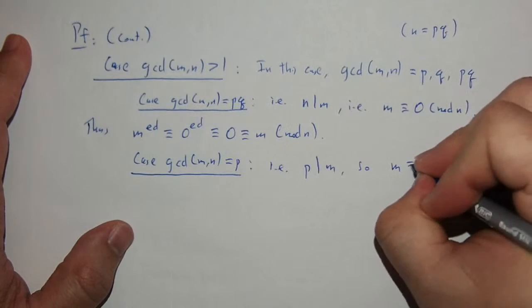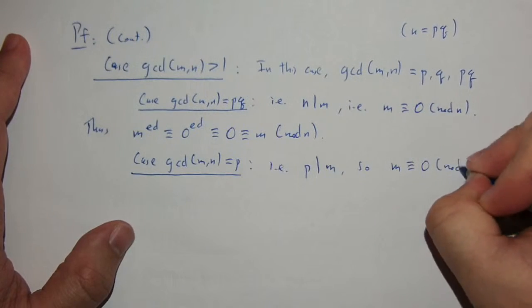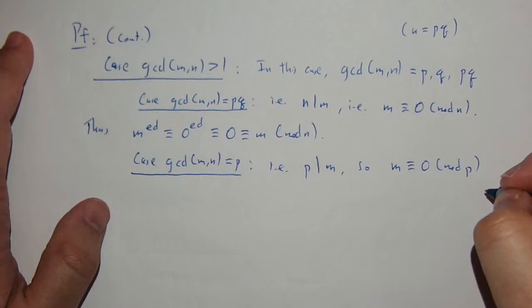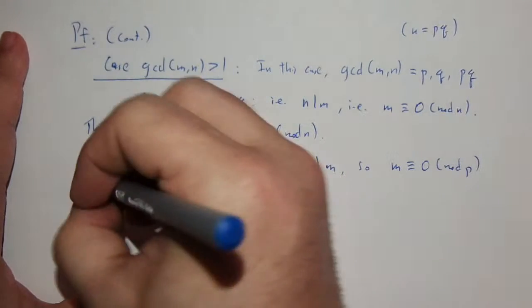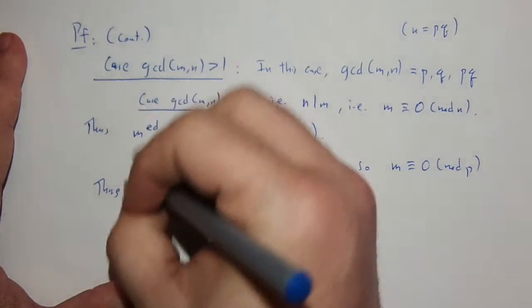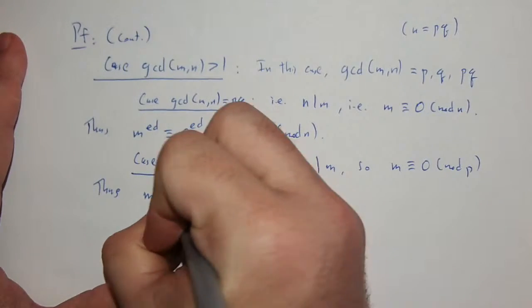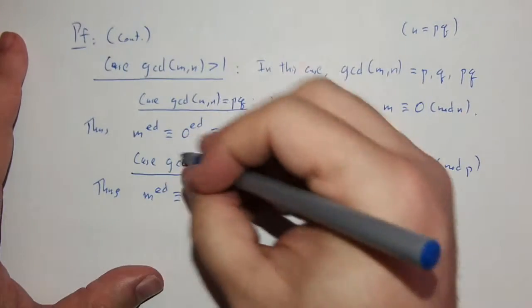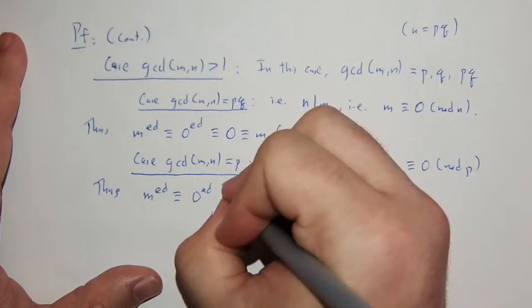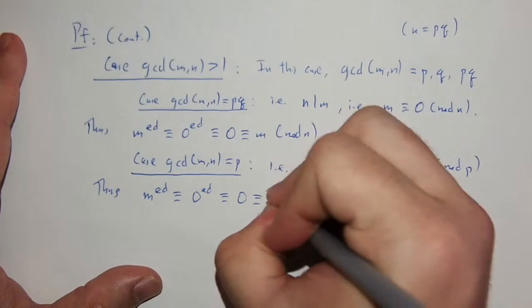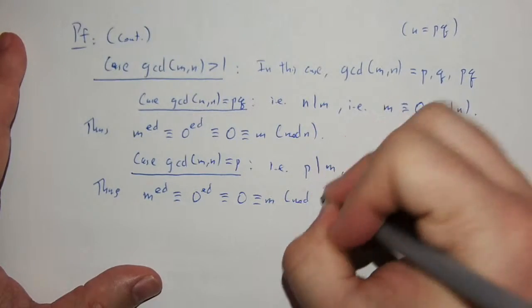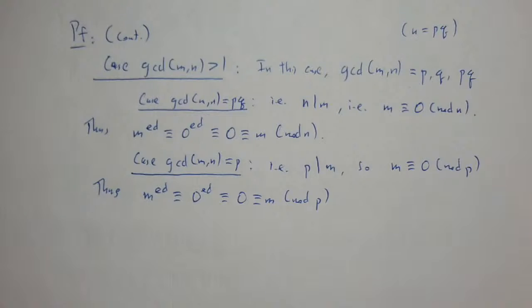So m is congruent to 0 mod p. Thus, m to the ed is congruent to 0 to the ed, which is 0, which is congruent to m mod p. Now, I'm not done there because, of course, I want to show this mod n, not mod p.